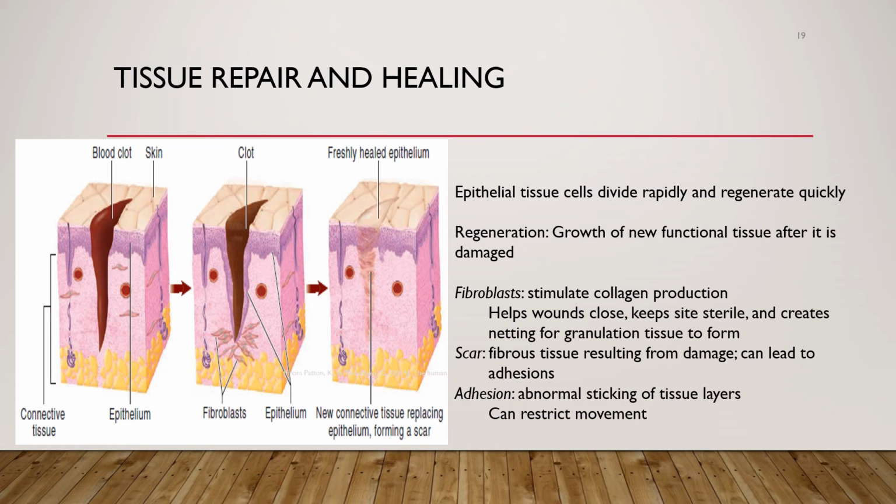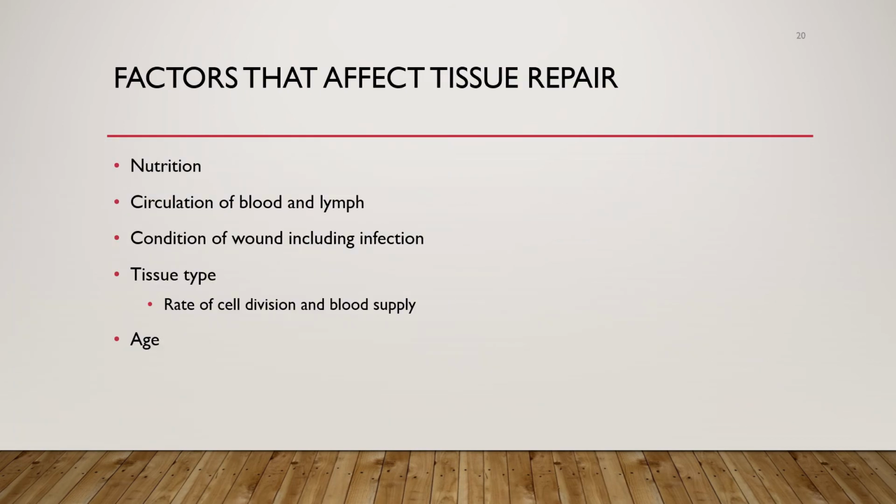So this picture, which on the slide is on page 357, is just how this healing process is occurring. And this happens without us even knowing it, at microscopic levels that we're not even aware of. But depending on our body is how quickly those tissue types are going to heal.